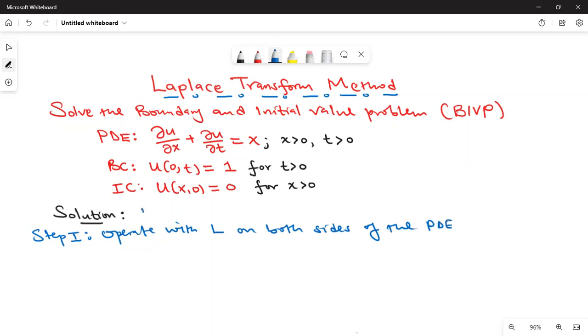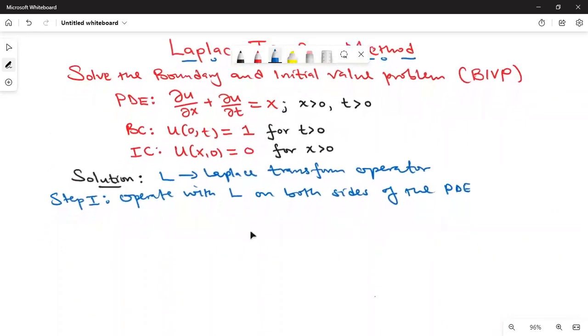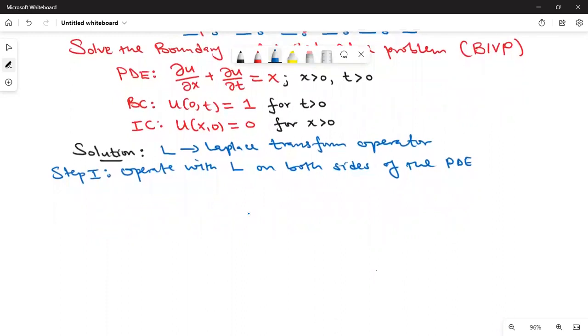We say L denotes the Laplace transform operator. So when you operate with L on both sides of the equation, we are going to get this.